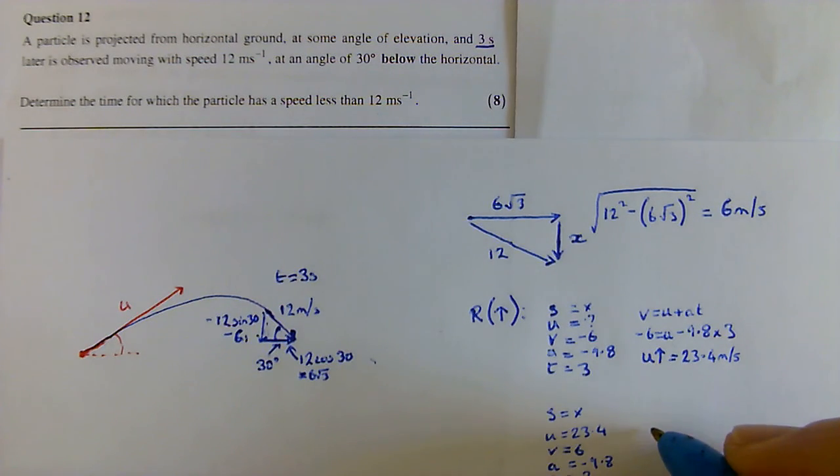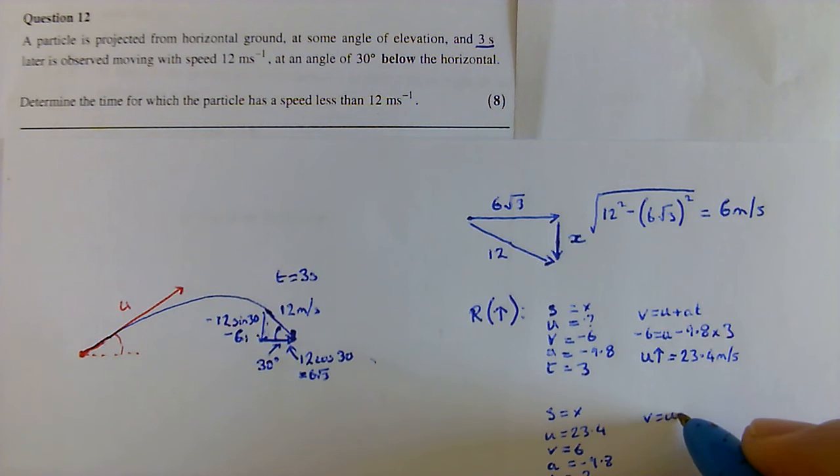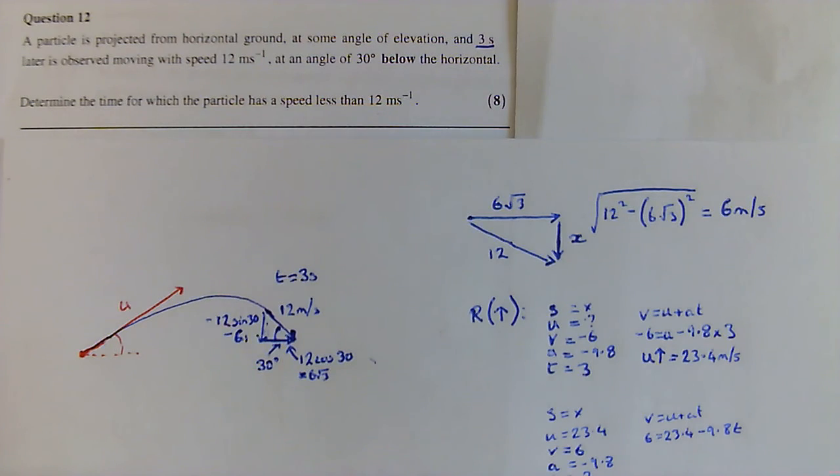So I've got v equals u plus at again, and I've got 6 equals 23.4 minus 9.8t, and we're going to rearrange that, and we should get an answer of t equals 1.78.